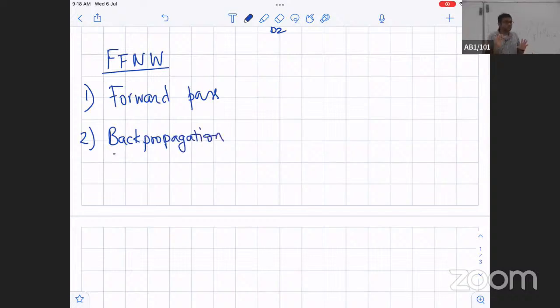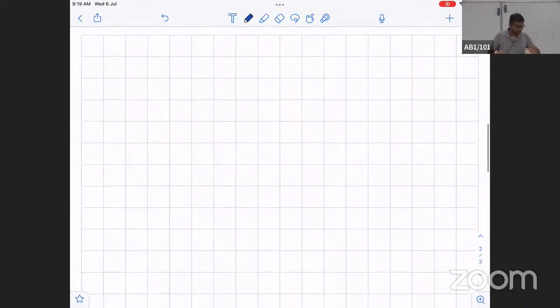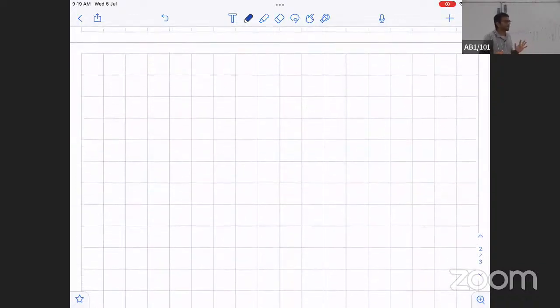These two things we will do, but before that we will have to spend some time to understand a few calculus preliminaries. Perhaps all of you are already familiar, so for the next 5-10 minutes we will just do some recap.